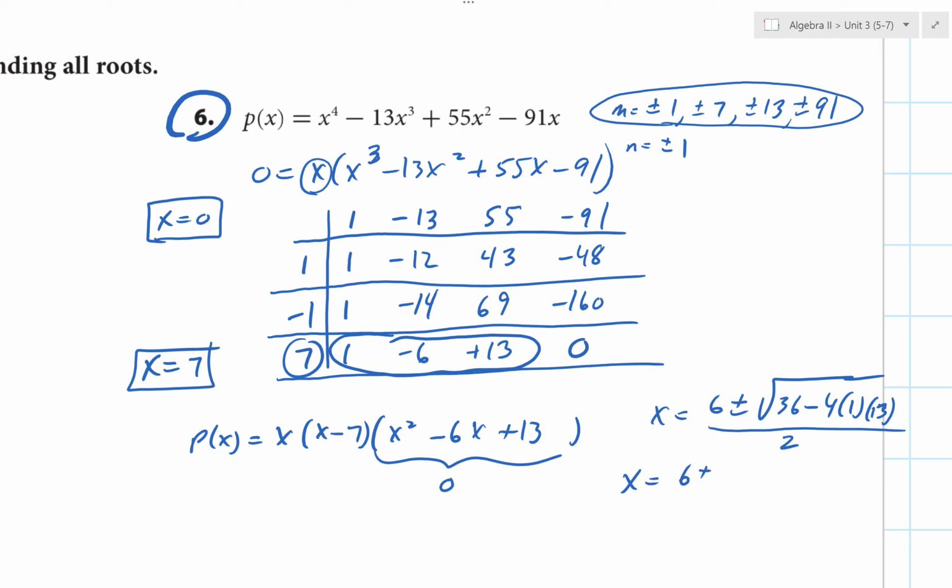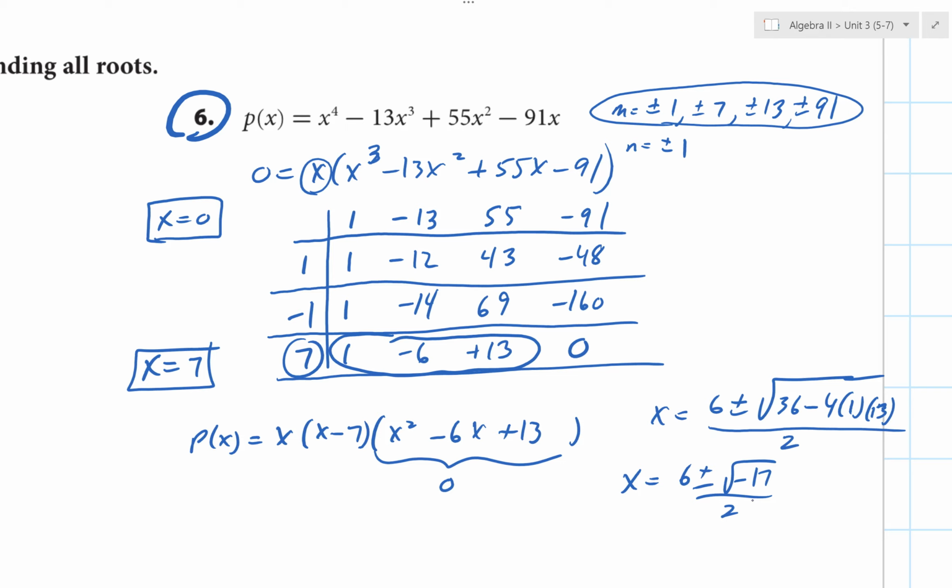So x equals 6 plus and minus. What do we have here? We have 36 minus 52, negative 17. Does everyone agree with that? Is that negative 17? Negative 16?